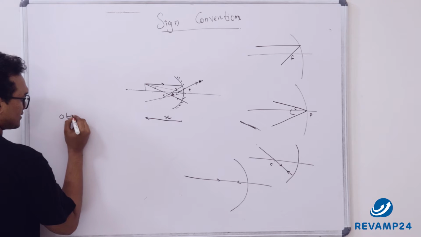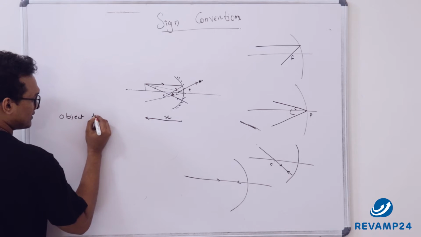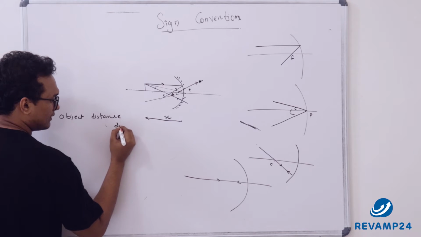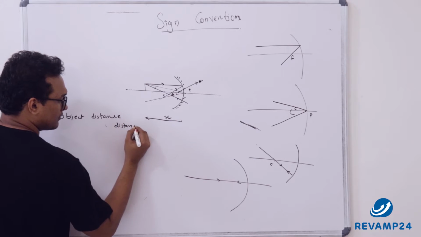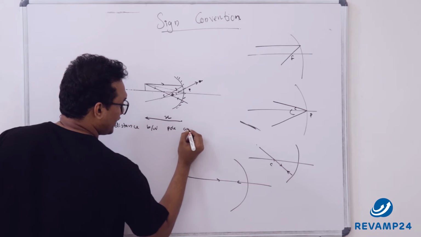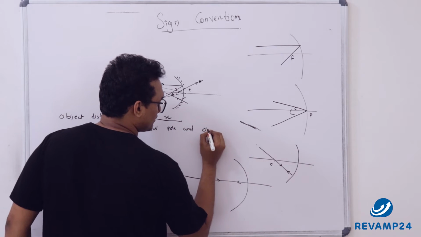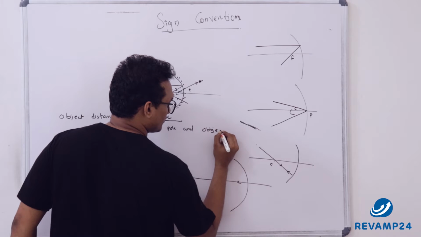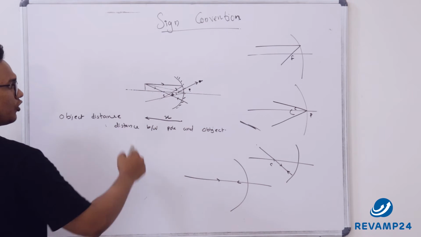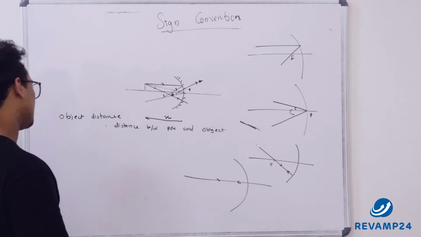So what is object distance? That is the distance between pole and object. So from pole to object, this is the object distance.